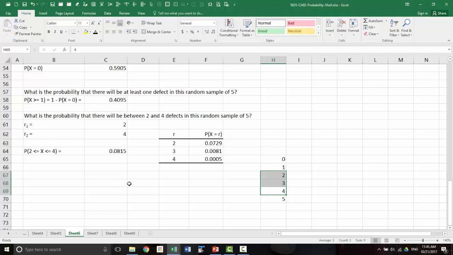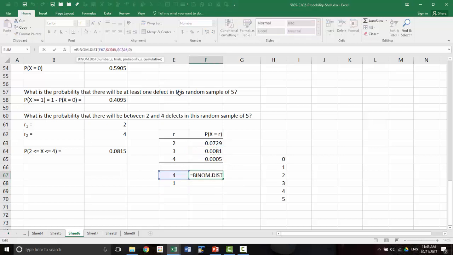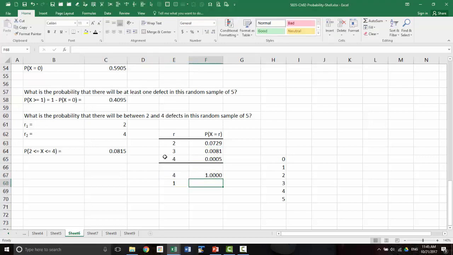So if you set up r equal to 4, and you want these two probabilities to go, so r equal to 1, that's what you need. Now I can copy this formula here, except that I have to change the 0 to a 1, so we get the cumulative probability.